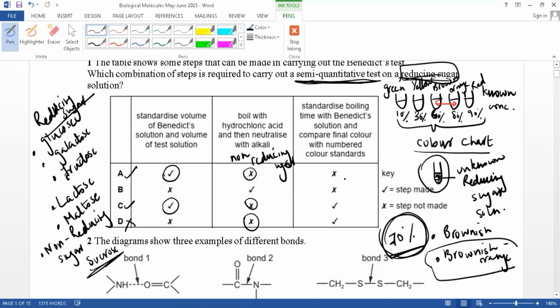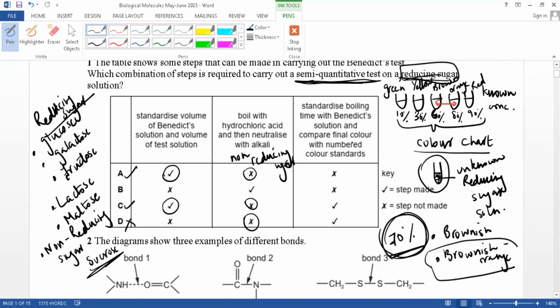Now let's see the final column. Standardize boiling time with Benedict solution and compare the final color with numbered color standards. That is correct, we are going to do this. We are going to standardize the boiling time, boiling the solution for a certain period that should be the same for all of these.